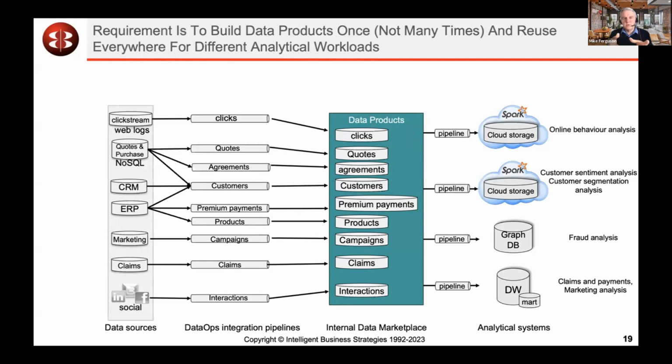And so data products are almost like a common data product that we can share and reuse, rather than ask everybody to go all the way back to the raw data sources every time, when we could incrementally build up a set of reusable data products, in this case, an insurance example.